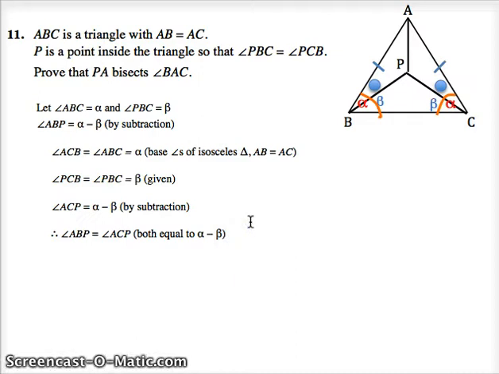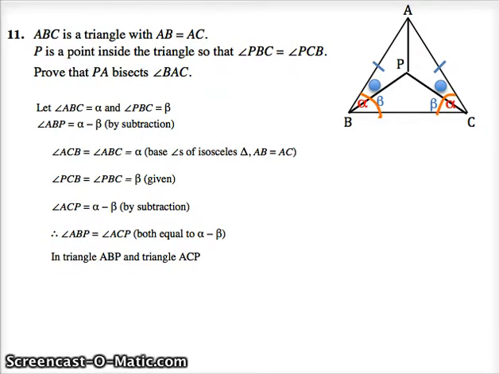Now we need to start working on our congruency proof. We're going to say which triangles we're talking about. So we are in triangle ABP and triangle ACP. You can just use the triangle symbol. I just didn't want to go looking for it just then.